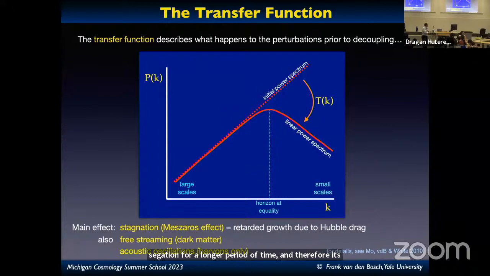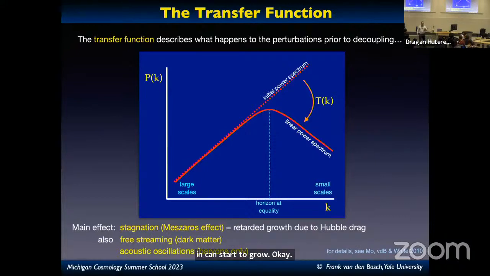This turnover is exactly the horizon at matter-radiation equality. Perturbations on this side enter the horizon after the universe has already become matter dominated. They don't have this stagnation effect, and they can immediately start to grow. That's where this comes from, and that's described by the transfer function.